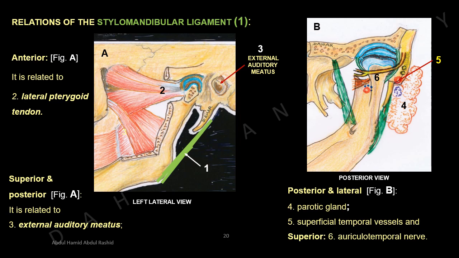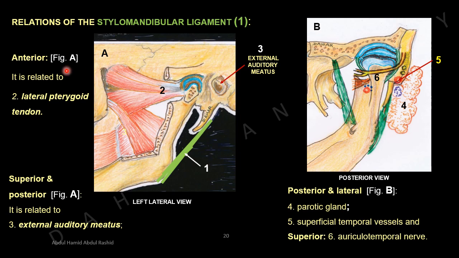Relations of the stylomandibular ligament. Continuations. In this slide, we have two diagrams, diagram A and diagram B. Diagram A is we are looking the mandible on the left side, that is left lateral view. Diagram B is right half of the mandible looking from behind.